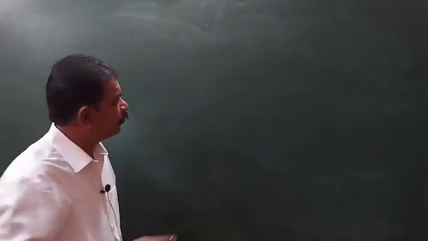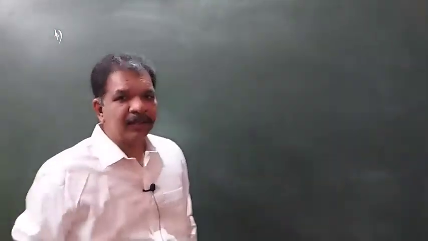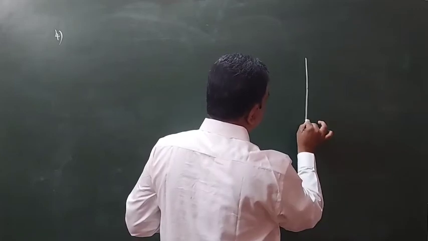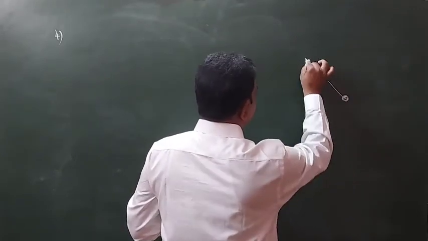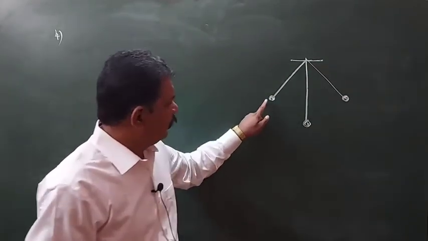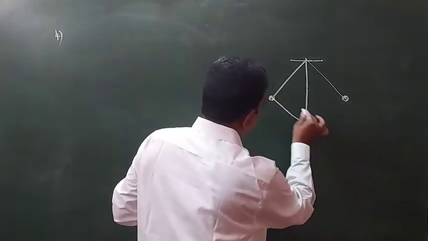What is the meaning of that question is, one particle is oscillating, or take a simple pendulum for easy understanding. For example, it started from here, this simple pendulum.